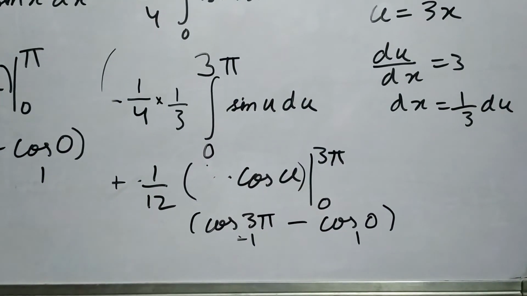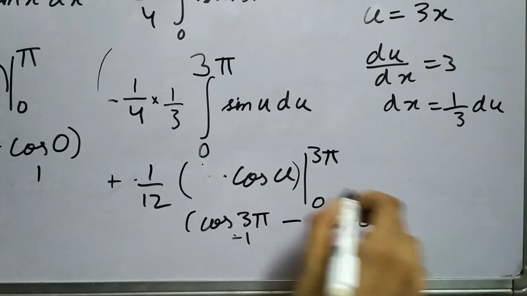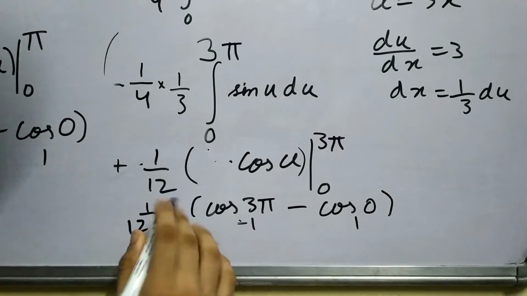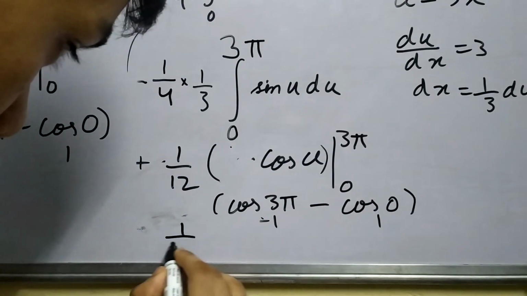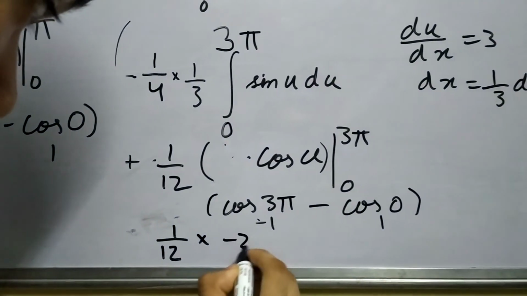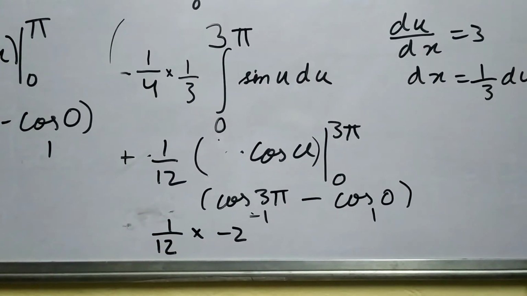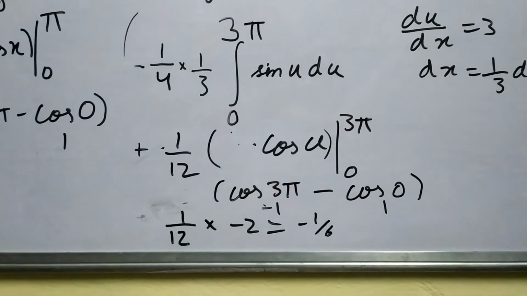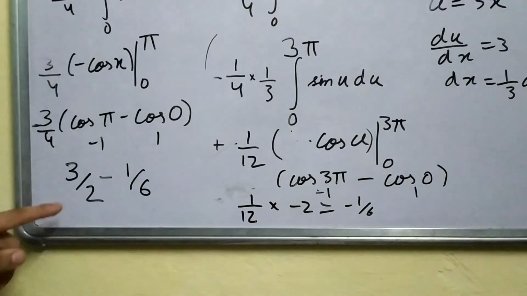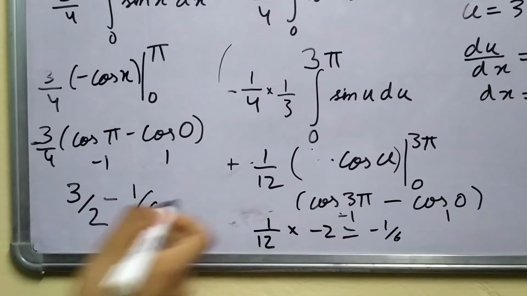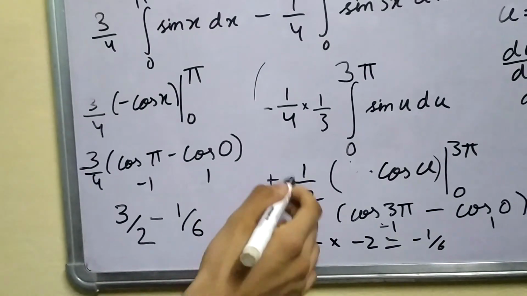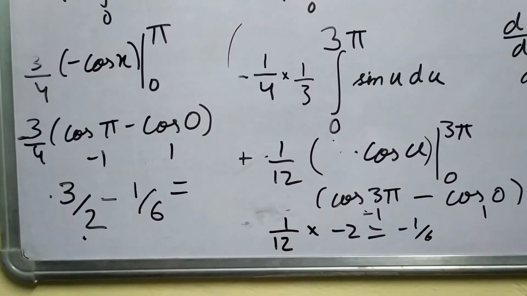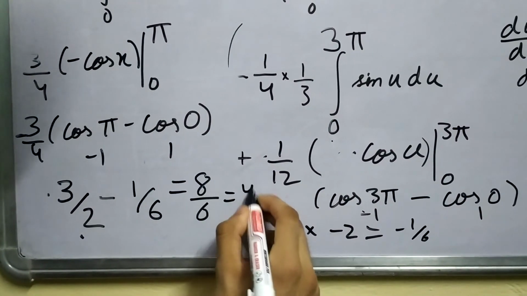In this term you have 1 by 12 times minus 2, so you are left with minus 1 by 6. Then you need to subtract 1 by 6 from this, because these are two terms under addition. So you are left with 3 by 2, which is 9 by 6, minus 1 by 6, so 8 by 6, or 4 by 3.